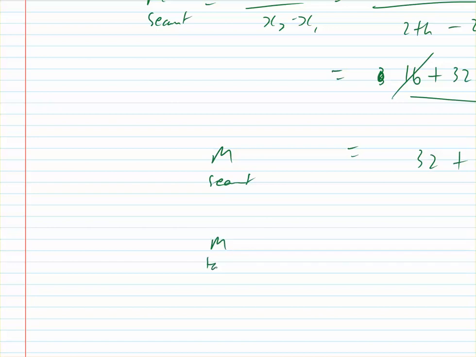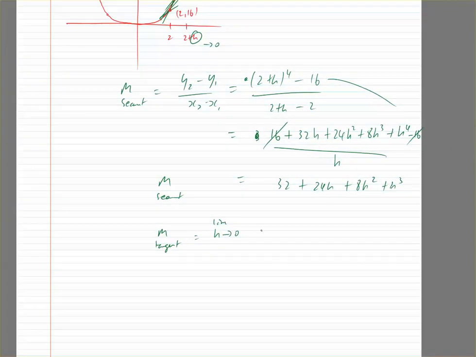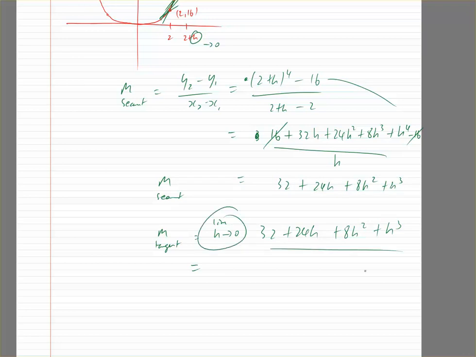Okay, so theoretically, m of tangent is when h approaches 0, the limit as h approaches 0 of 32 plus 24h plus 8h squared plus h cubed. So what happens is, as h approaches 0, theoretically, what does this approach?